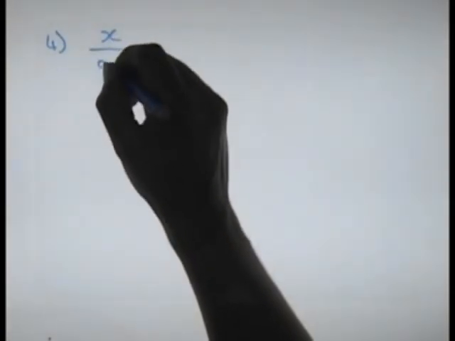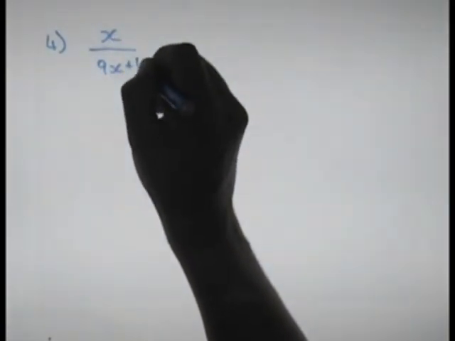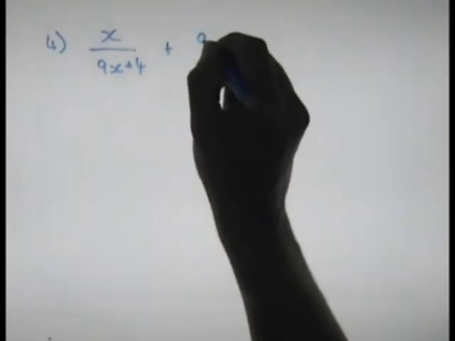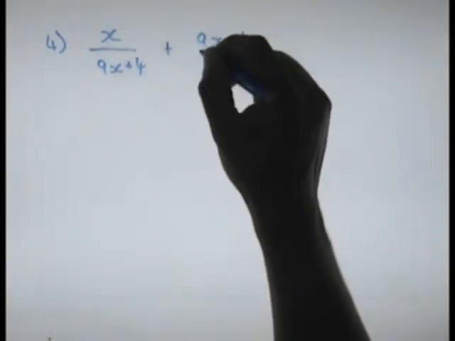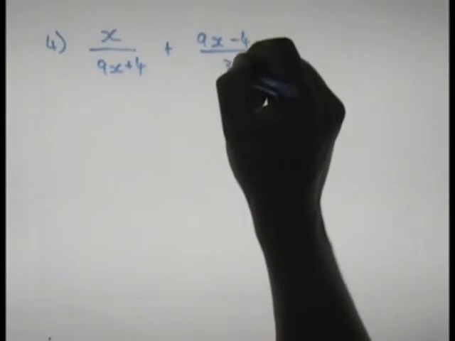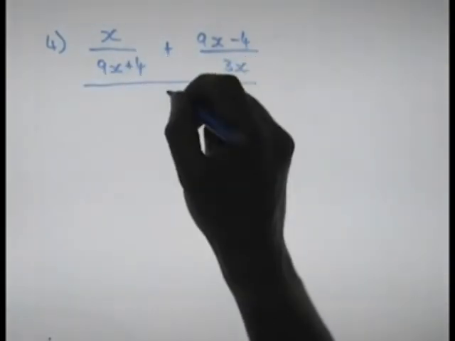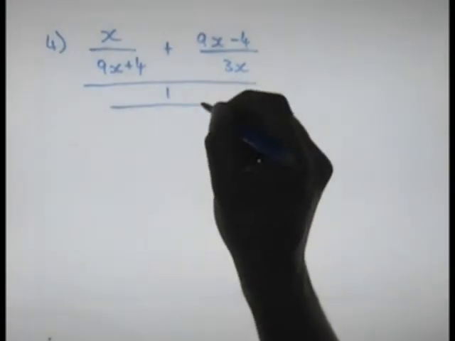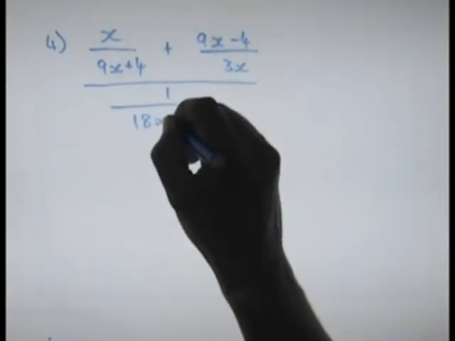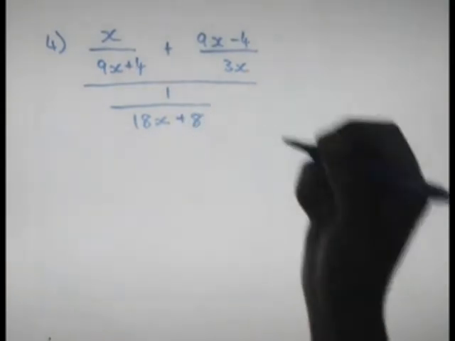The fourth one I gave you to do is not as easy. The fourth one reads x over 9x plus 4 plus 9x minus 4 over 3x divided by 1 over 18x plus 8.